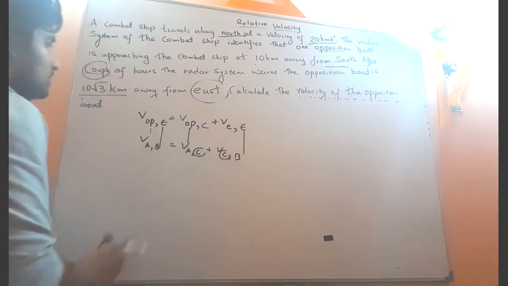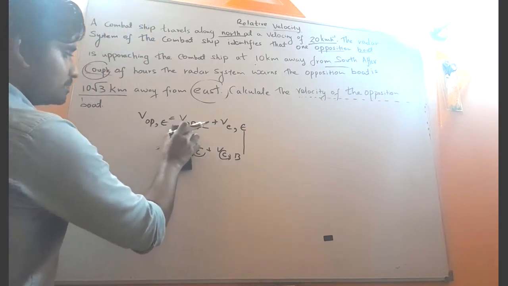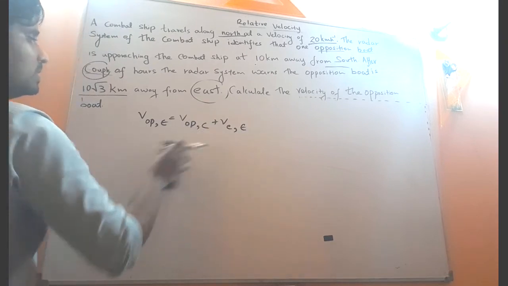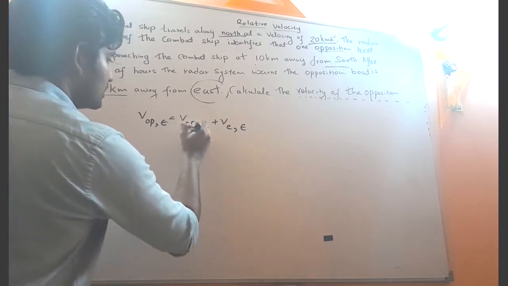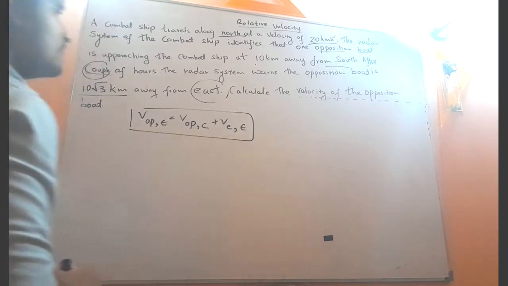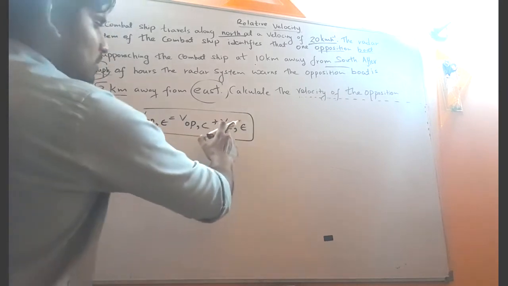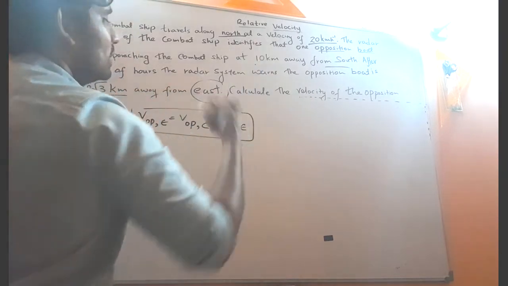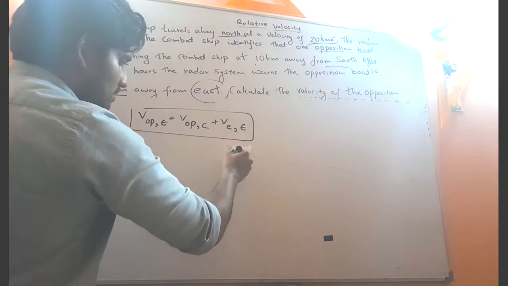So now we know the formula, and we know the velocity of the combat ship with respect to earth. That is 20 kilometers per hour.